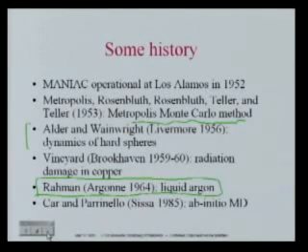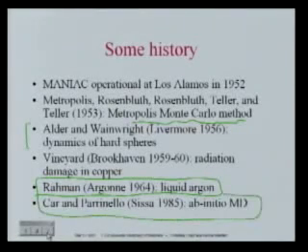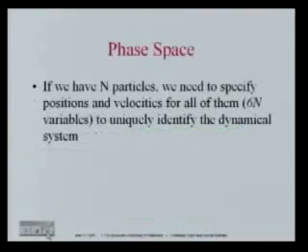Again, a Lennard-Jones potential is very accurate to describe rare gases that repel each other at very close distance, and at large distances attract each other with this weak dipole-dipole interaction that goes as 1 over r to the 6th. And then the first ab initio molecular dynamics, and the first theory for ab initio molecular dynamics, was developed in the mid-80s by Car and Parrinello.